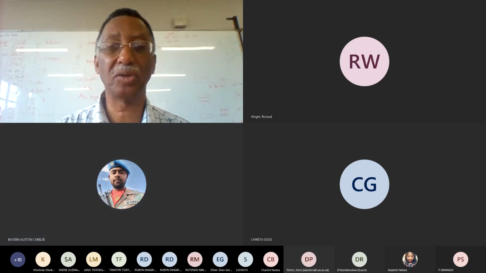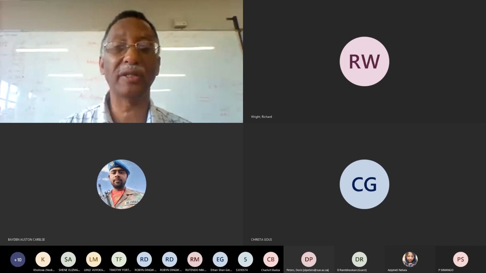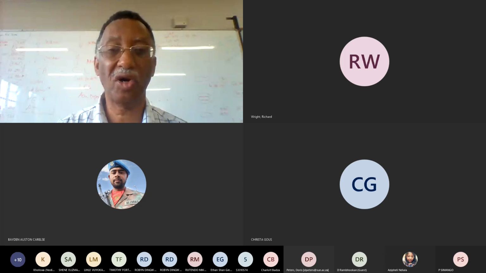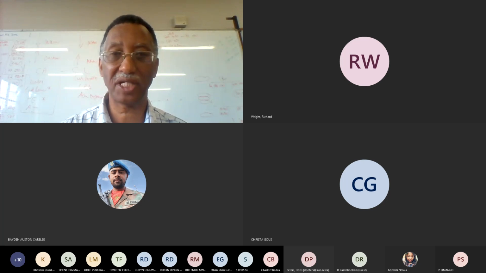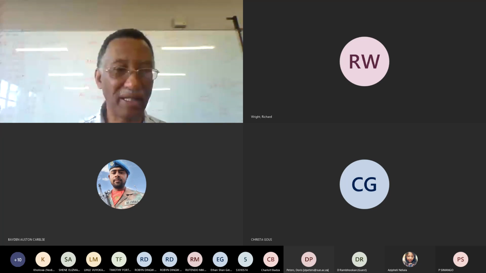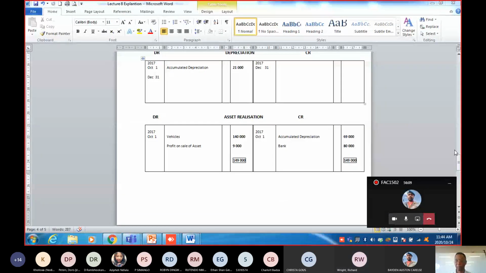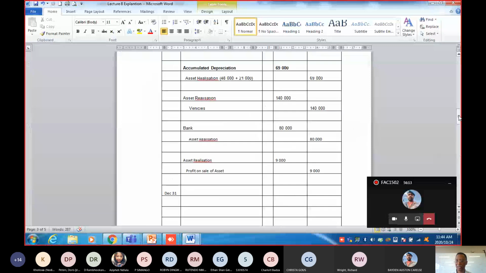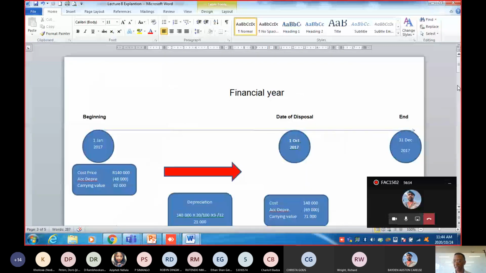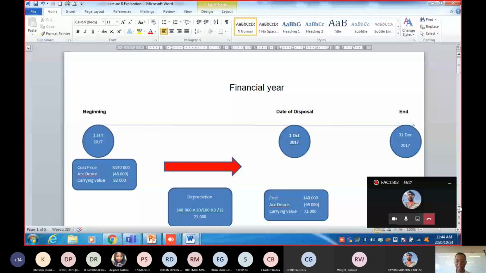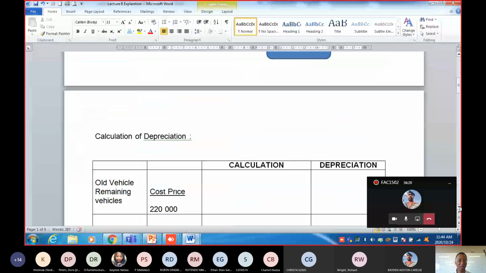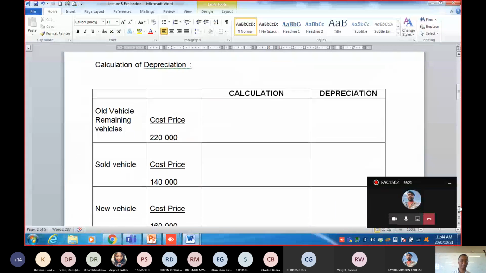I am now going back to step number 6, where we are going to calculate the depreciation on the remaining assets. This is the one that is sometimes giving quite a lot of problems to the students. So let us take a look at the situation at the end of the financial year and how we are going to calculate the depreciation.